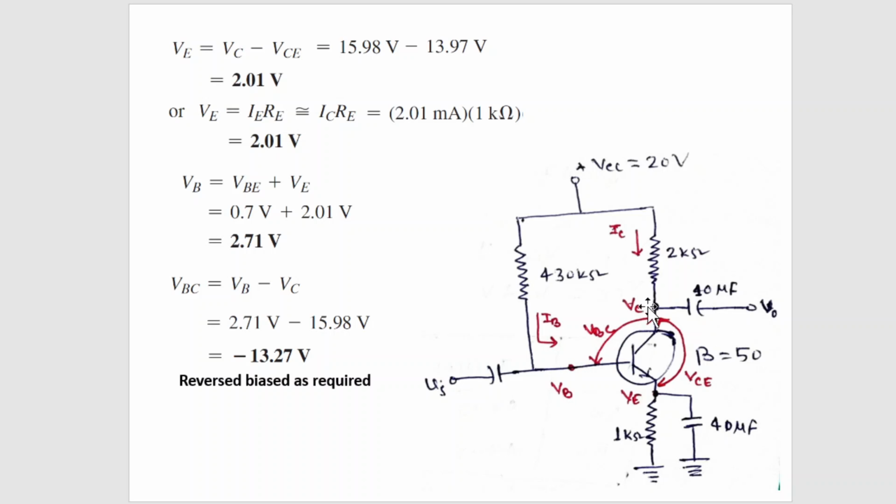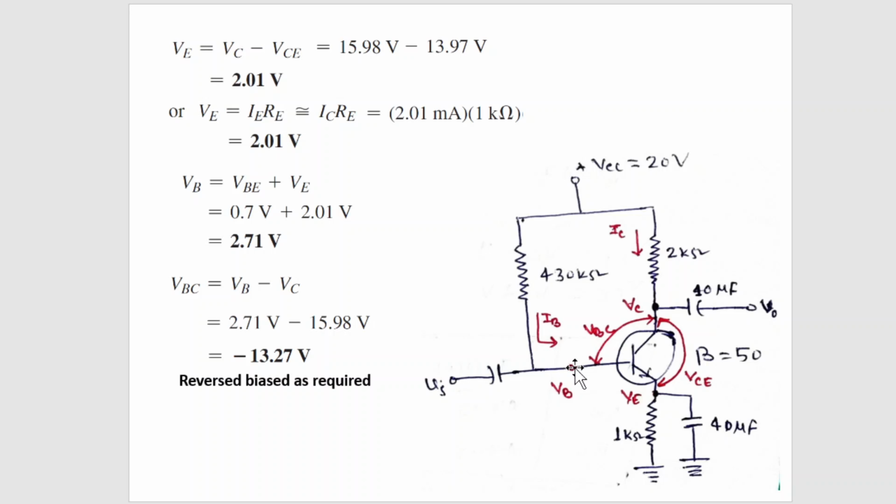We know the basic relation, VBE is equal to VB minus VE, or VB is equal to VBE plus VE. So VB is equal to 0.7 volt plus 2.01 volt, that is VB is equal to 2.71 volt. That means the voltage at this point, VB, is 2.71 volt.